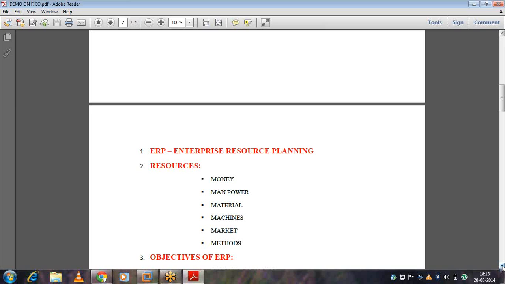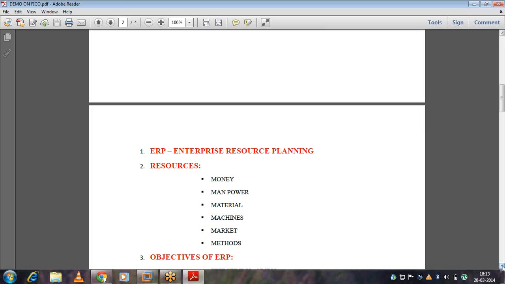So increase in the wealth of the organization depends on increase in the profitability. Increase in the profitability depends on effective utilization of resources. If you can use resources effectively, ultimately it results in increasing of the profits.